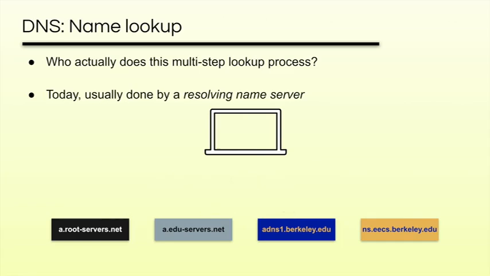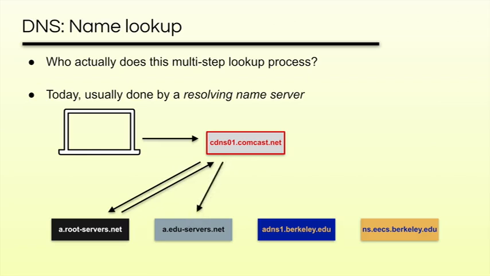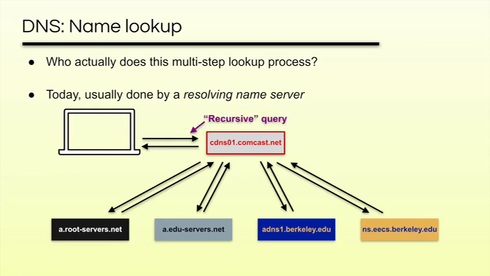Today, things work a little bit differently. We usually have what's called a resolving name server. The host queries it, and then it makes the same sort of iterative queries that the host would have made in the past, and then it returns the result back to the host. This is called a recursive query, and these are the same non-recursive or iterative queries that we've had the whole time.